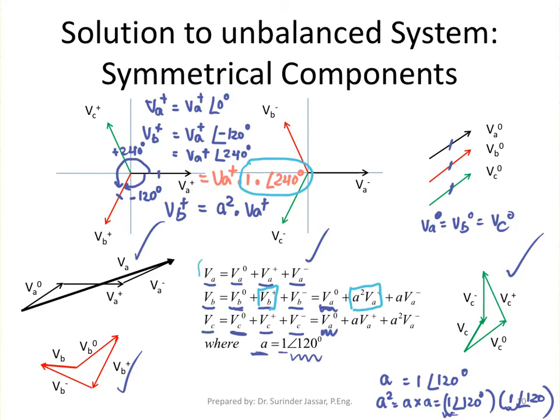Okay. Now, next factor in that equation. The first equation is very, very clear: VA equals VA0 plus VA positive plus VA negative. Now we're working on the second equation, how we can express VB in terms of the sequence components of phase A only, so that we don't need to work with all of them.